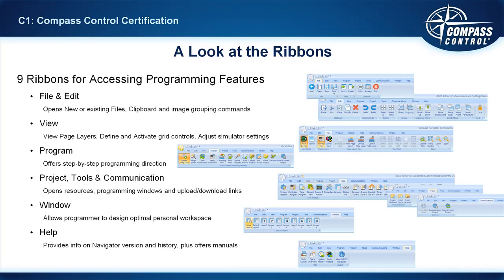Well, we've done something different here. I'm going to go over that in just a minute. The last ribbon choice is Help. And this is going to give you information on the Navigator version, the history, that kind of stuff. But it's also going to give you access to your manuals, to a lot of resources. The programming manual, the installation manual, white papers, other things like that.